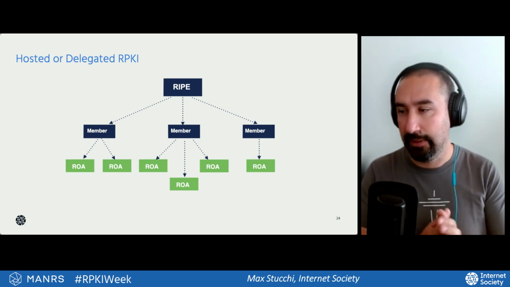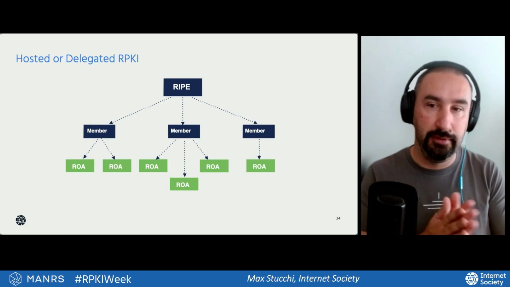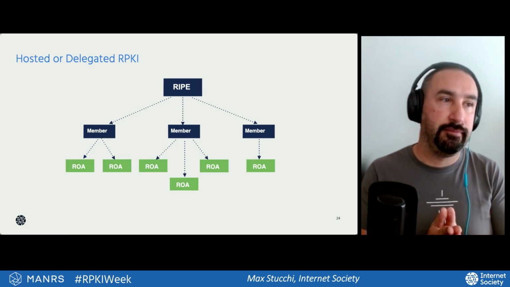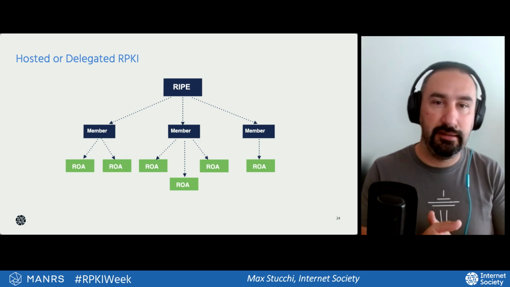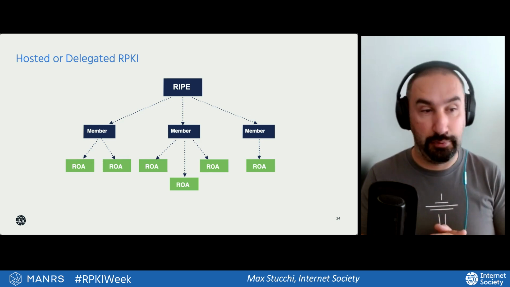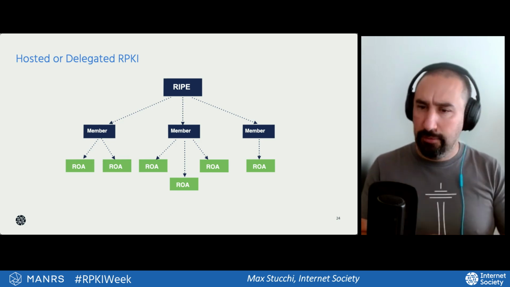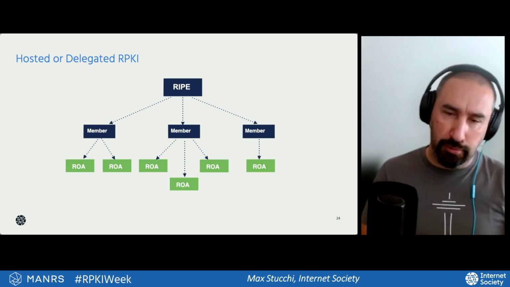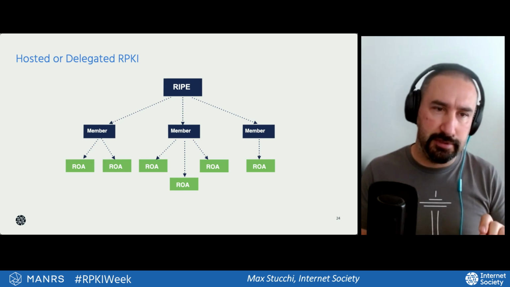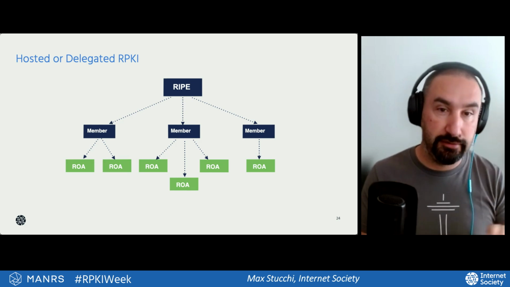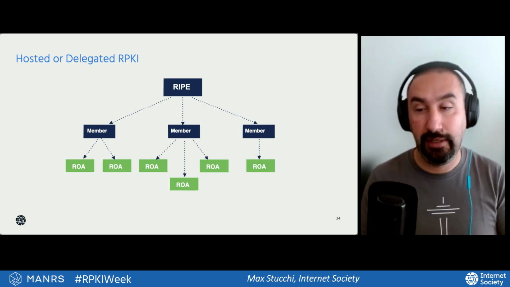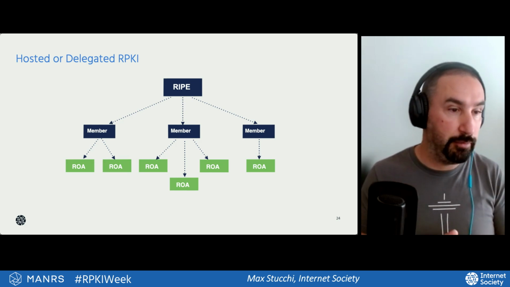And you'll see in a moment when I show you the demo that the creation and deletion, every action regarding ROAs, is very, very simple. You just go on a portal, the portal shows you your BGP announcements, and then you can create ROAs according to the specific BGP announcements, or you can create ROAs manually, however you want.